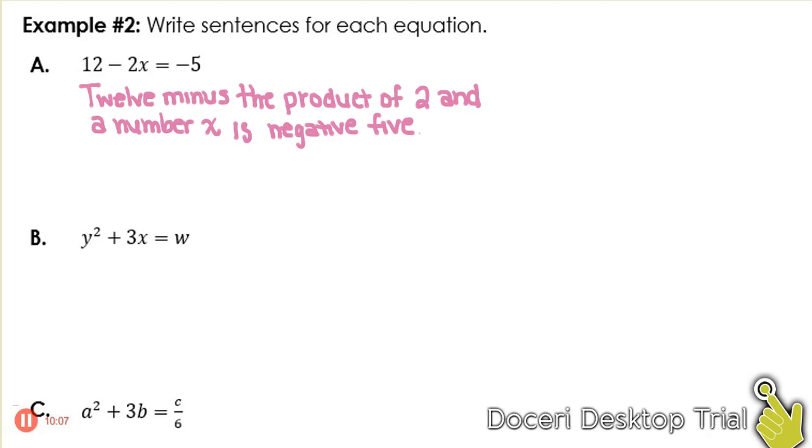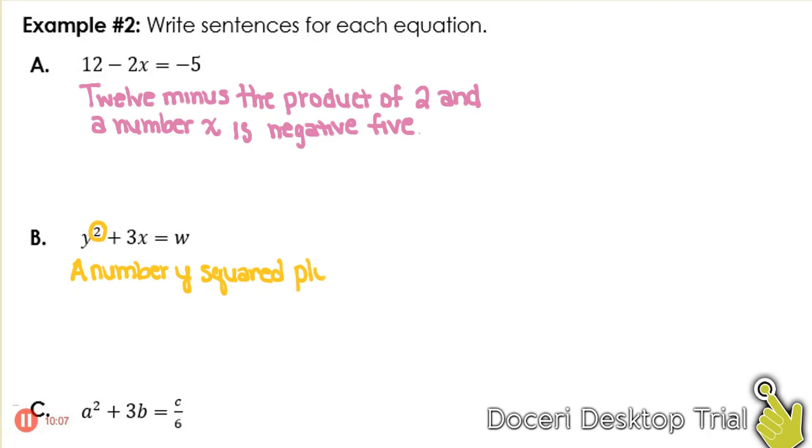Letter B. Okay, so we have that y times itself. So when we say that is y squared. So we have a number y squared, because it has been multiplied to itself. That's why there's the exponent of a 2 there.